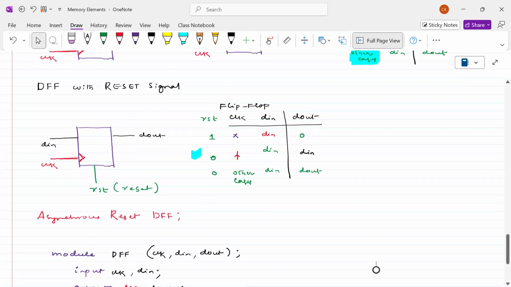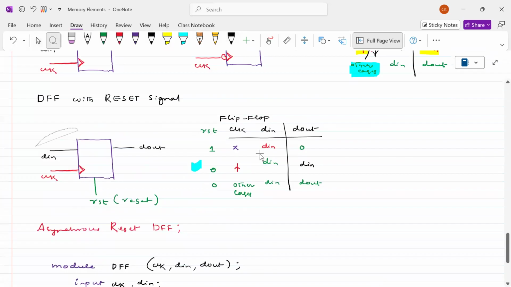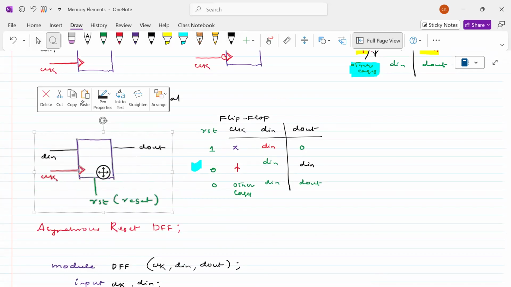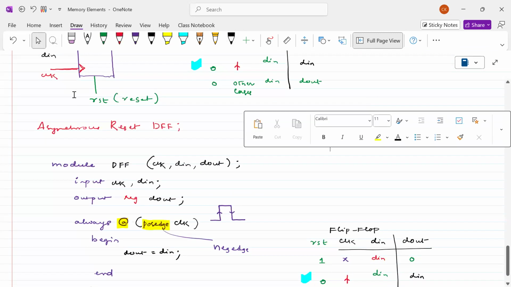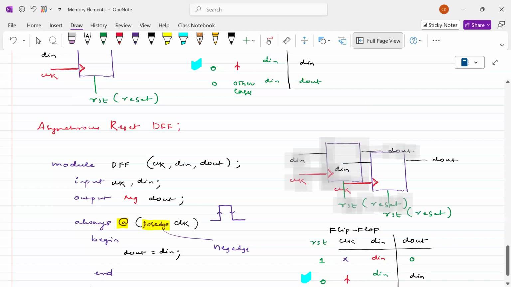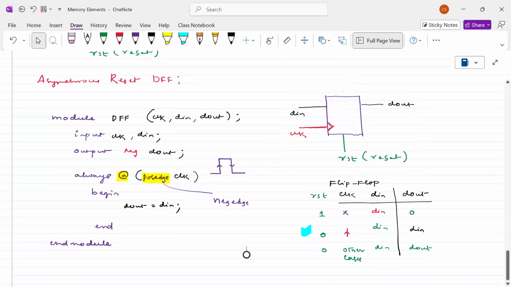Okay. Yeah, please let me know what change I have to write here. Everybody knows that reset is also required, right?